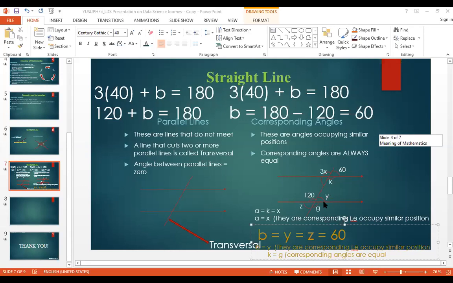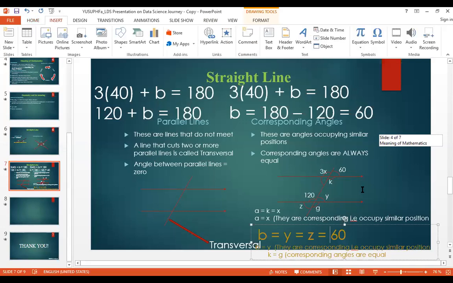If you take your right hand and place it across your left hand, you see that there is an angle formed to the front and to the back. Those two angles are vertically opposite angles, and that is what is happening between 120 and G here. G is equals to 120, vertically opposite angles. I don't know if you get my point.